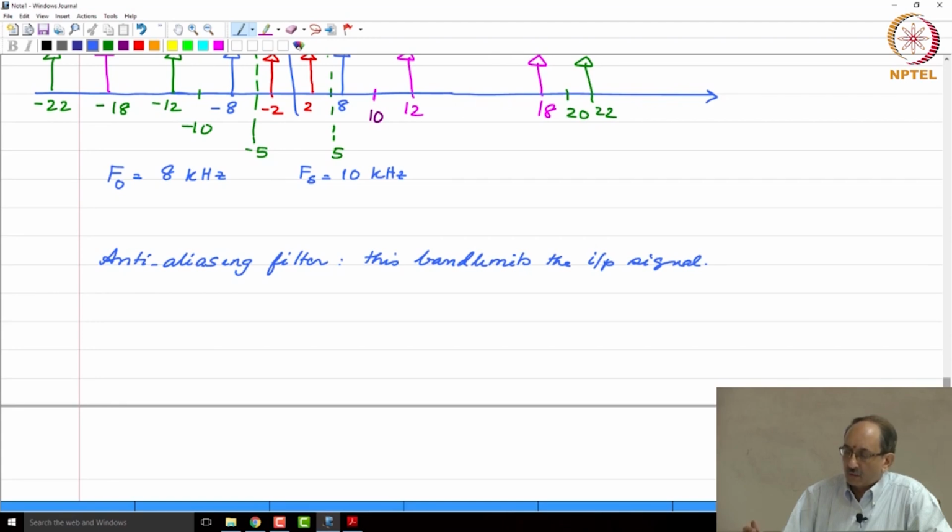For example, in telephony, in the first days of digital telephony, your voice signal was band limited. Do you know what the sampling frequency was?